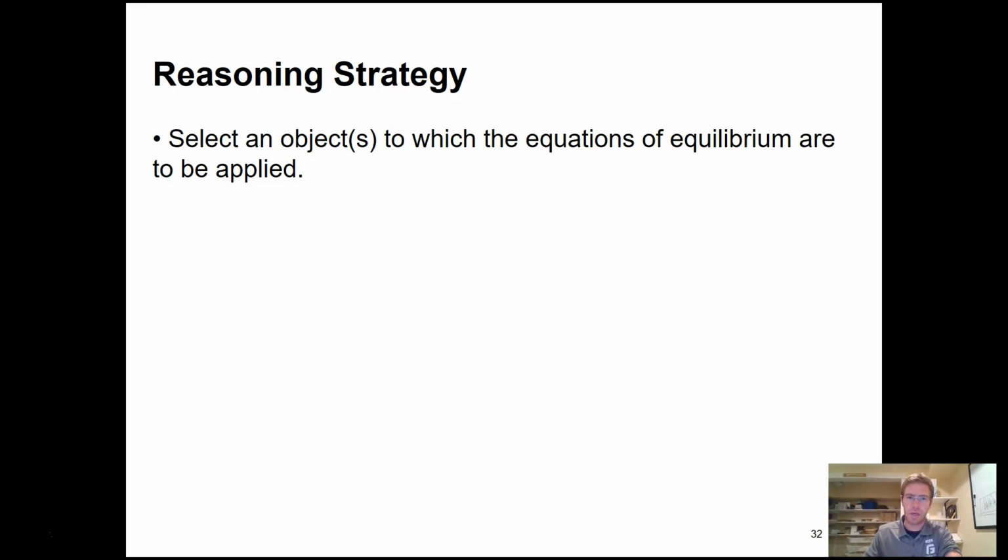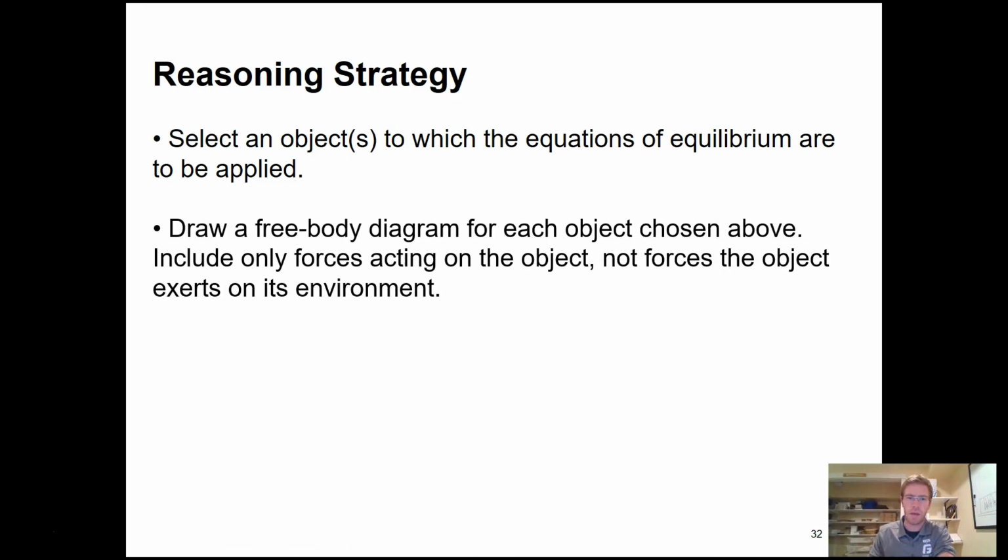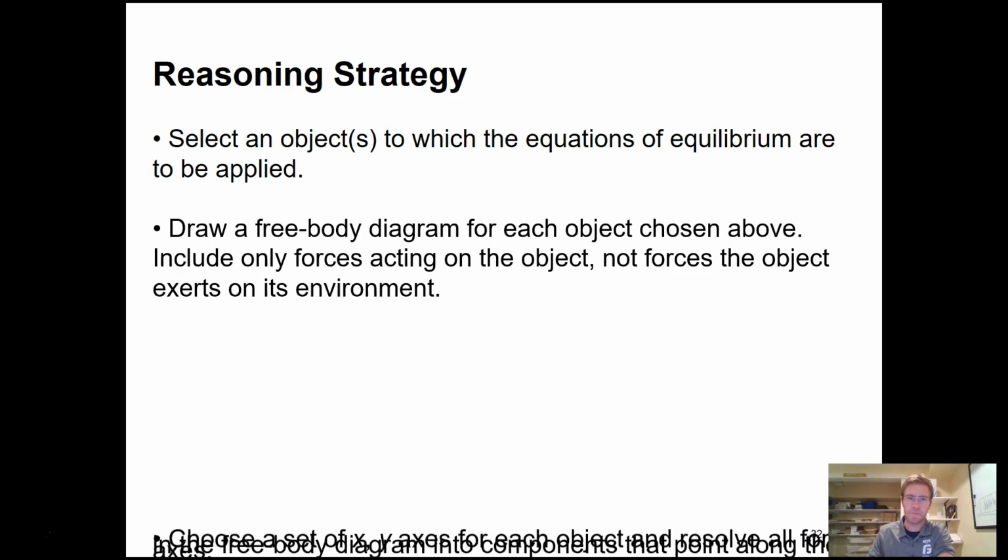So when we go to try to solve some of these problems, the first thing you're always going to want to do is choose the object that you're going to look at, the object that you're going to draw a free body diagram for, and do the sum of the forces for. Determine whether or not it's in equilibrium. If you have an object in equilibrium, then just like before, draw a picture. In this case, it's a free body diagram, including all the forces like we just saw.